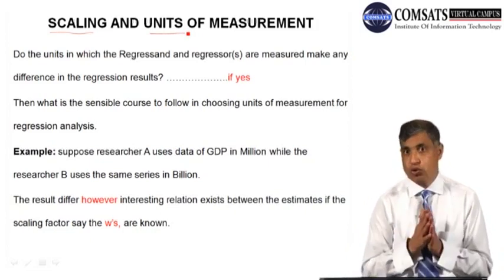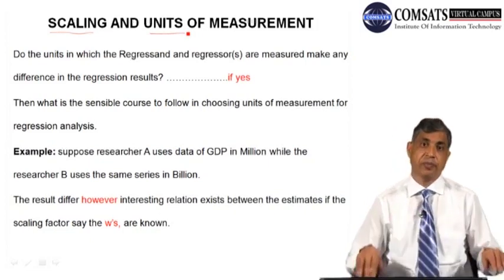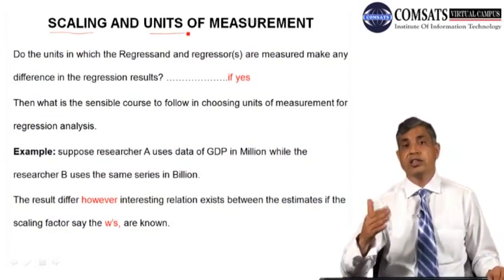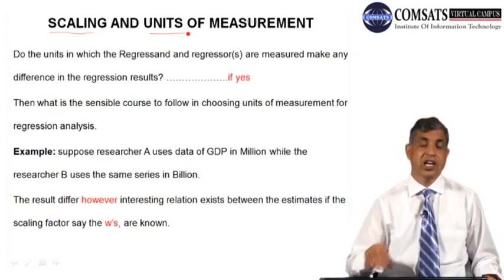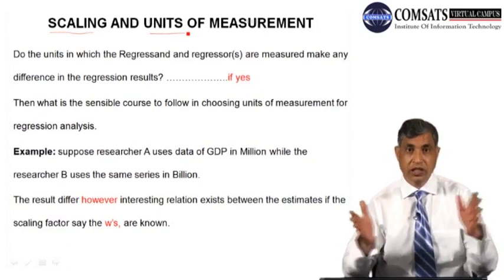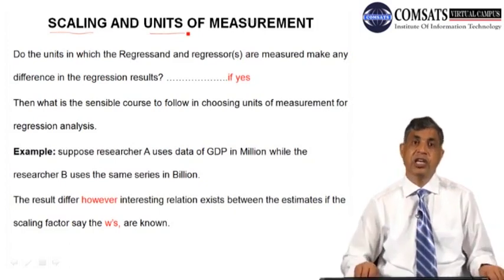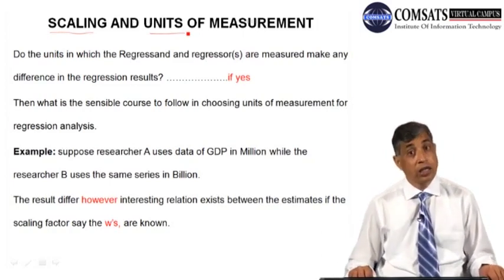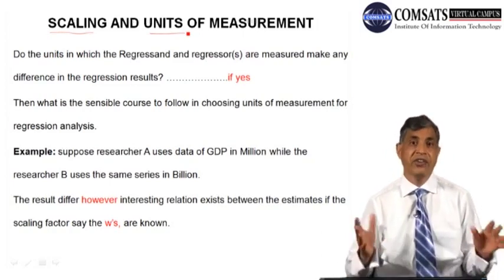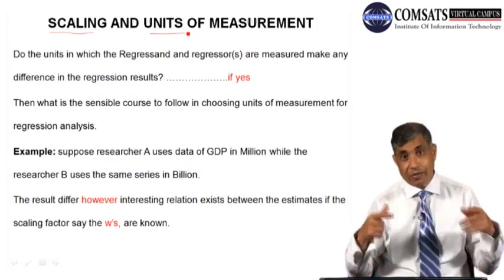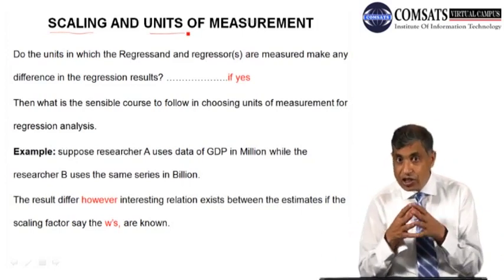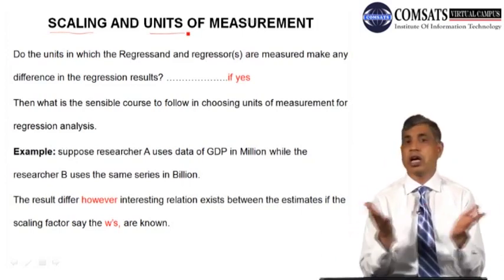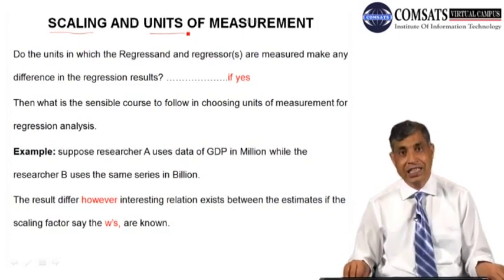So when this is the situation, how should we interpret the results? One of the major examples is that one takes the GDP and taxes in million, the other takes them in billion. If they run the regression, in practicality there is no difference between the situations, because there is only a change of measurement and scale.